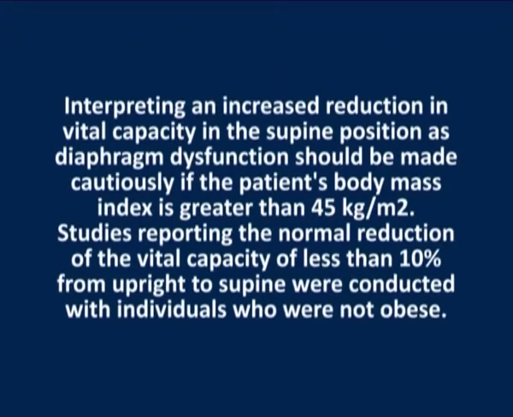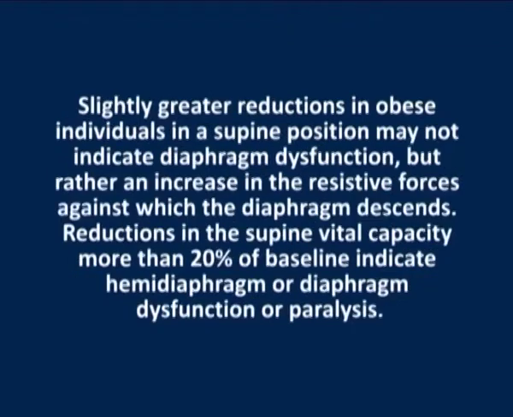Interpreting an increased reduction in vital capacity in supine position as diaphragm dysfunction should be made cautiously if the patient's body mass index is greater than 45 kg/m2. Studies reporting the normal reduction of the vital capacity of less than 10% from upright to supine were conducted with individuals who were not obese.